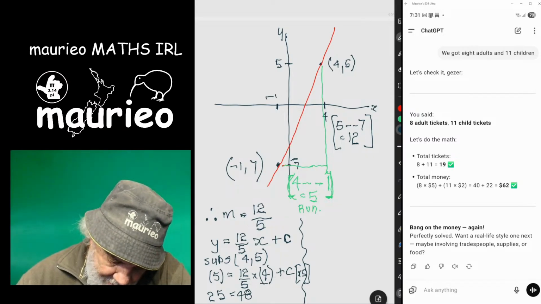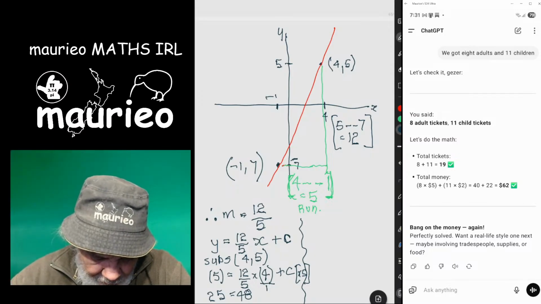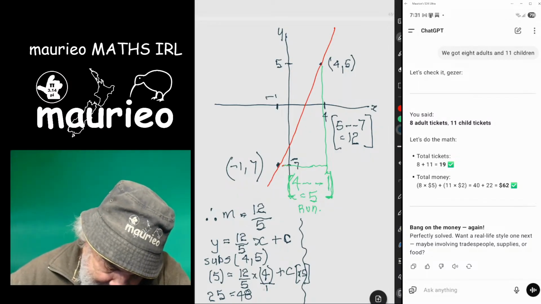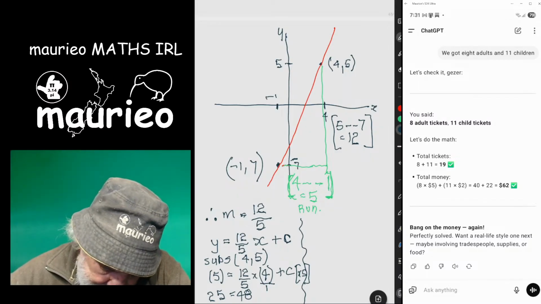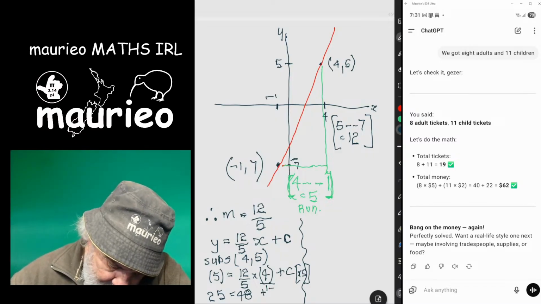You can say there's a 1 under there. 12 fours are 48 over 5, and you multiply that by 5, you get 48, plus 5c.